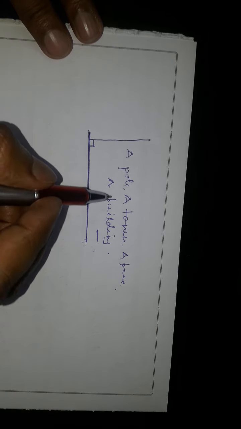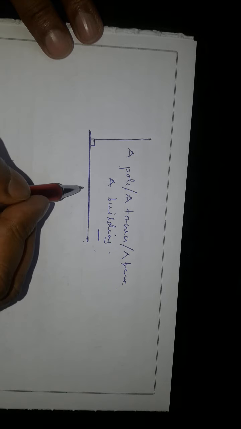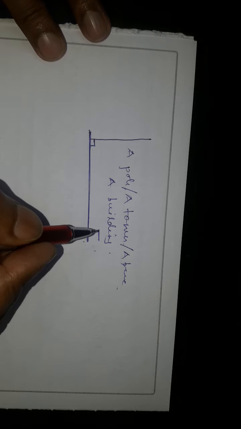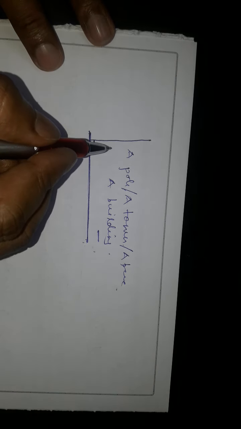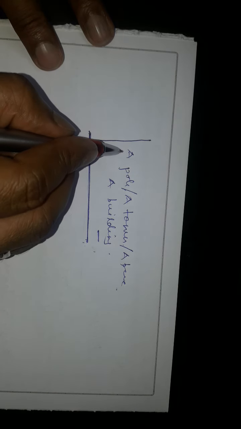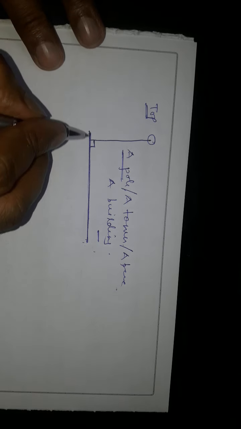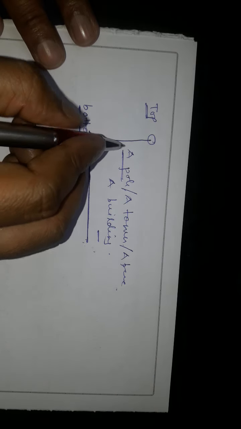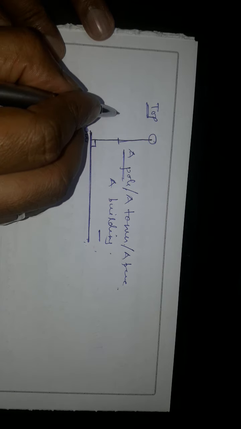The next point that we have to understand: a pole or a tower or a tree or a building, any object having some height has three positions or three parts. First is its top, second its bottom, and third somewhat above its base or somewhat below its top, that is considered here the middle or betweenness.